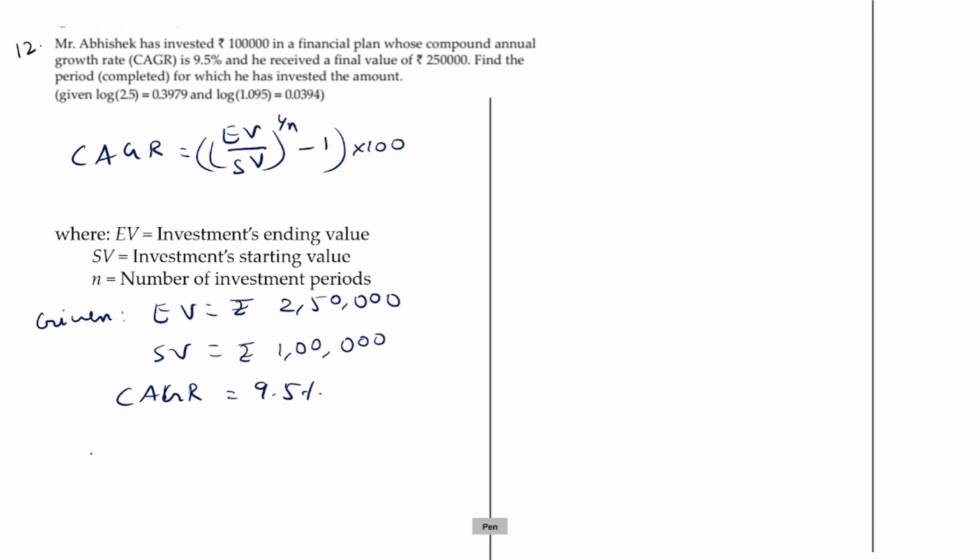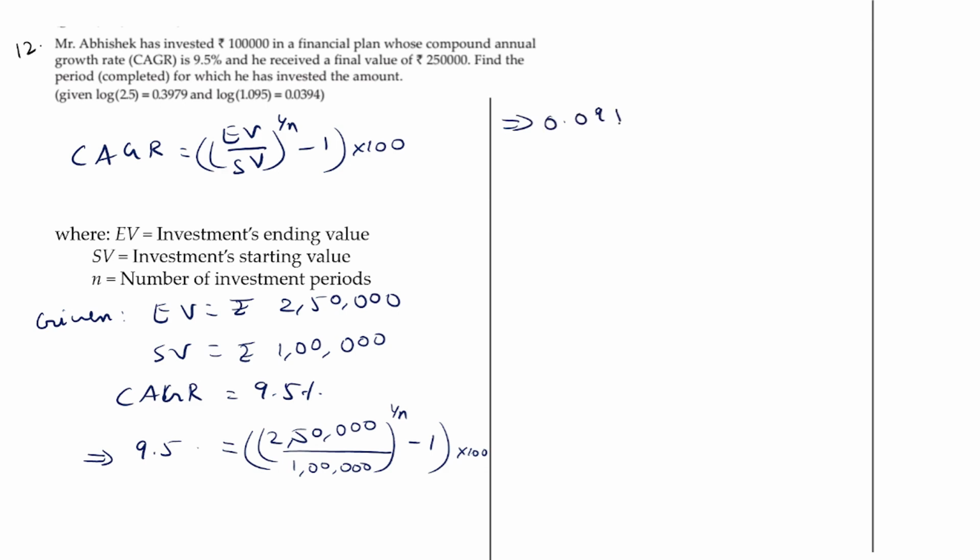So this implies 9.5 equal to (2,50,000 upon 1 lakh, the whole raised to 1 by n minus 1) into 100, or 0.095 equal to this.